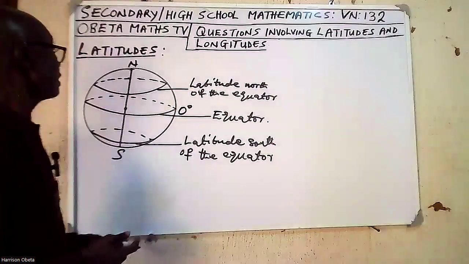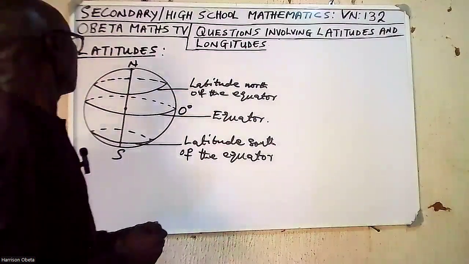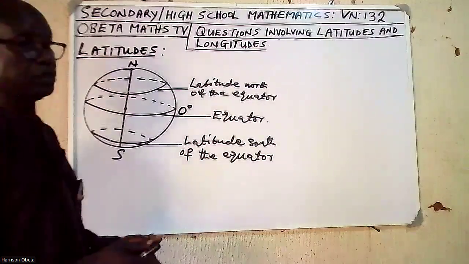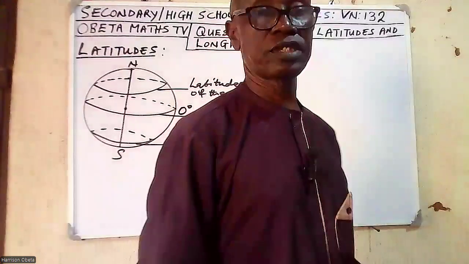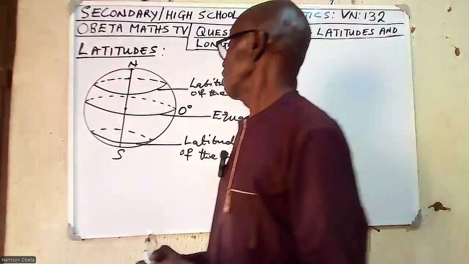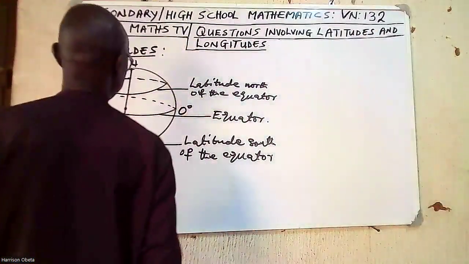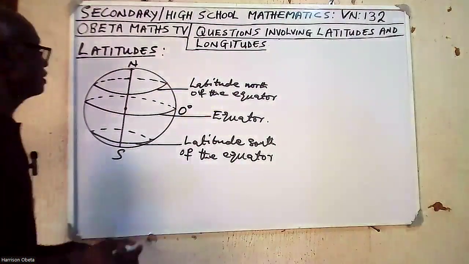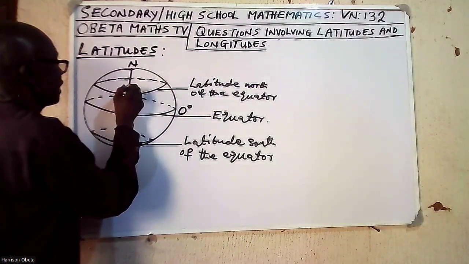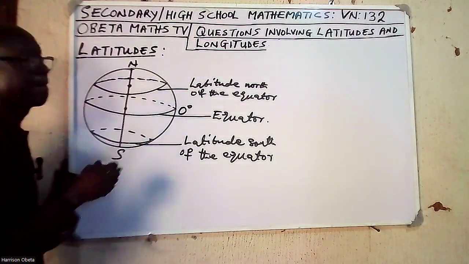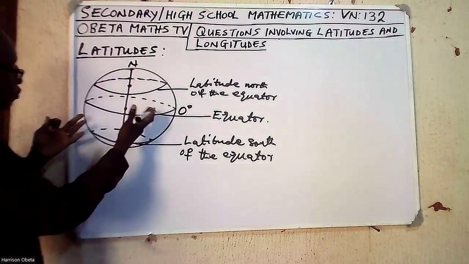And then under latitude, I told you that lines of latitude or parallels of latitude form small circles, except latitude 0 degree. What I mean by this is, this line, you discover that the center is here. This one is the equator.